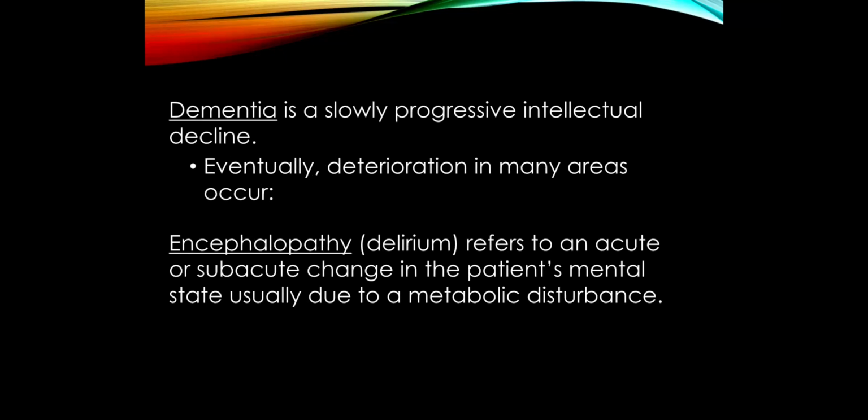With regards to mental status, these are 2 of the more common conditions that would affect mental status. One is dementia. It's now called a major neurocognitive disorder, but we'll still use the older term dementia. Alzheimer's makes up more than 70% of all patients that come in with dementia.